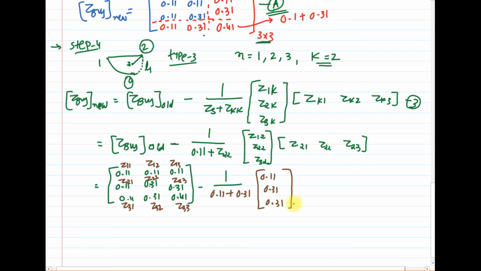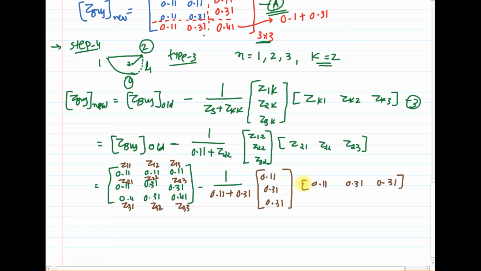Clear? Similarly for this row vector, which is 0.11, 0.31 and again 0.31, which is Z23. Yes, simple, you can analyze here. It is the transpose of this matrix, a column vector.